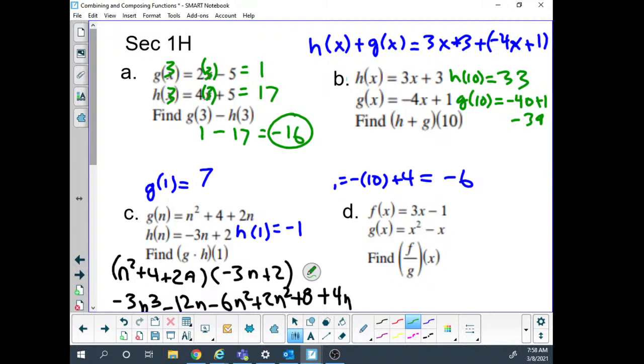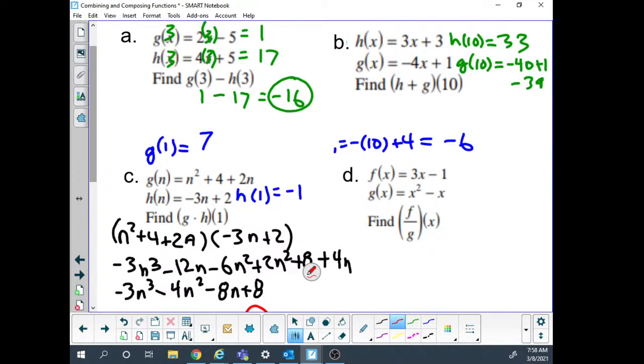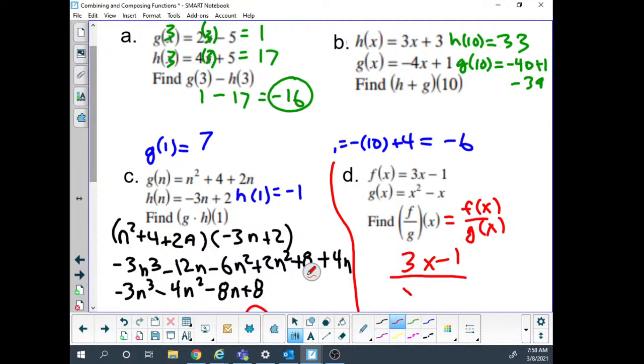Alright, now for the hard one, maybe? Division. Ugh. F of x divided by g of x, remember, is f of x divided by g of x. And we get 3x minus 1 divided by x squared minus x. Did you get that? Nice. Done. Did you try to do something after that?